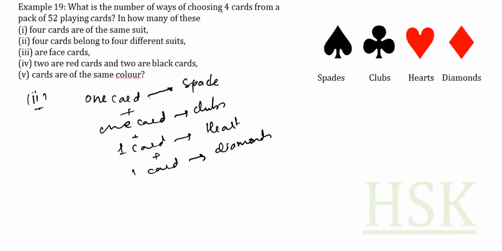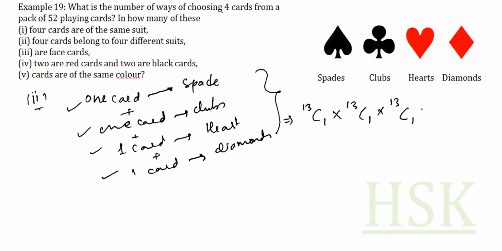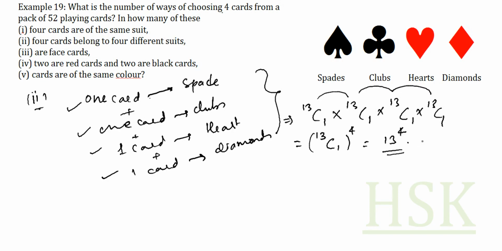So 4 cards ought to be of 4 different suits, and we have to select all of them in succession. So this will be equal to 13C1, the number of ways of selecting 1 spade from 13 cards, into 13C1 into 13C1 into 13C1, because there are 4 suits: spade, clubs, heart and diamond. This is 13C1 to the power of 4, or simply 13 to the power of 4. So this is our required answer.